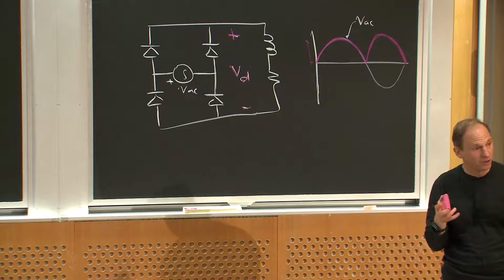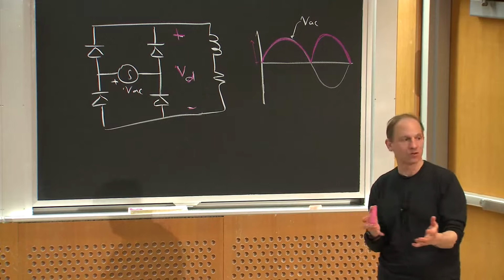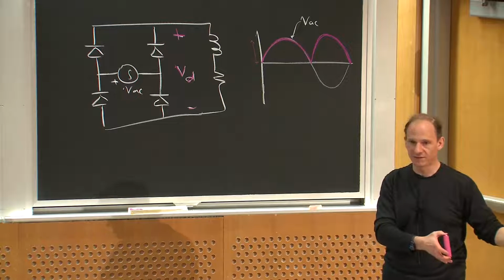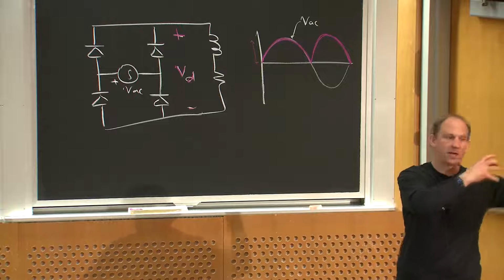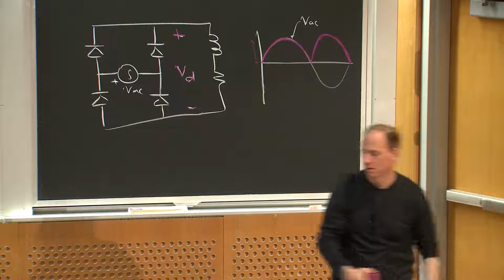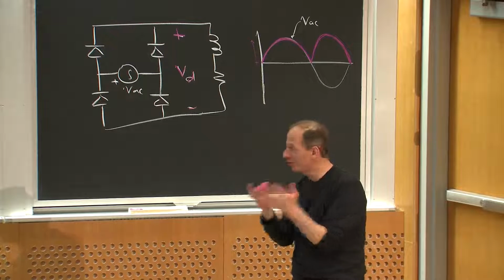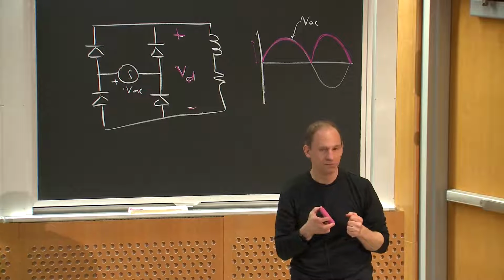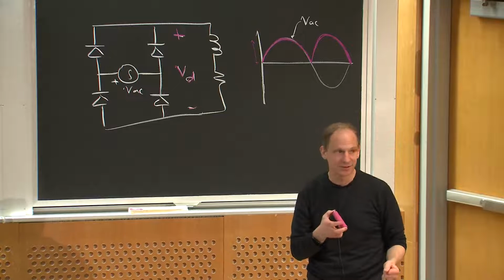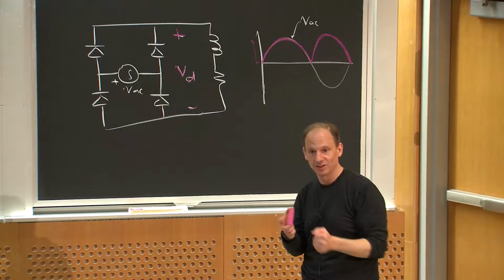More to the point though, anywhere I'm going to go from AC to DC, so if I want to run a three-phase drive, now it depends, I may want to invert back into the line in some cases, but if all I want to do is take power from the AC line and then use it for something, when I'm at high power, I come in with three-phase, I put a three-phase rectifier in there and I get DC out. So if I'm at the front end of my data center, that's probably what I have, a big three-phase rectifier to take that AC and turn it into DC.